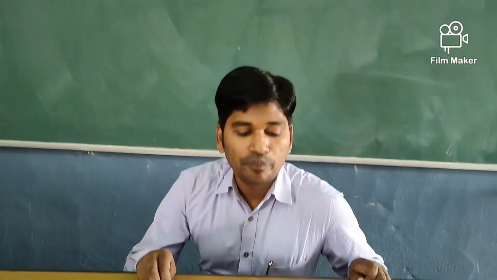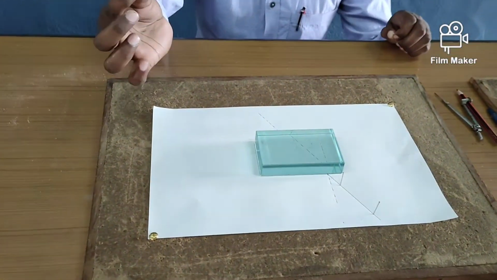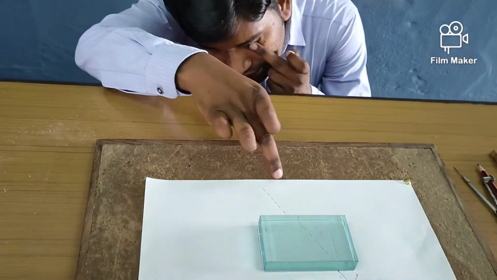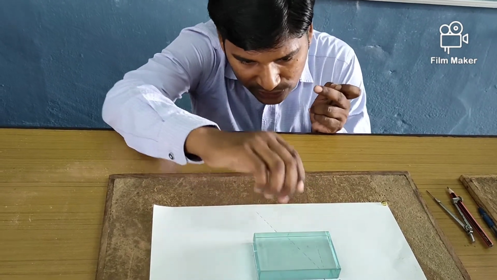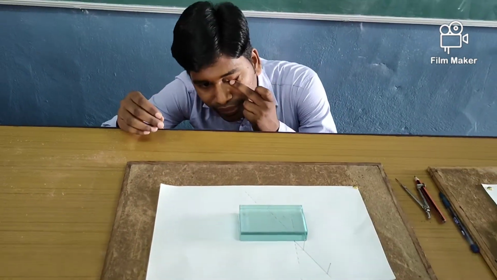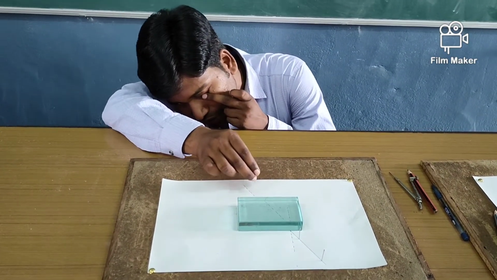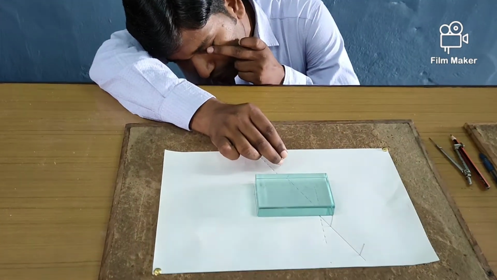From this face of the glass slab, we will look at the 2 pins, and along this path we will fix a pin so that the other pins are not visible.